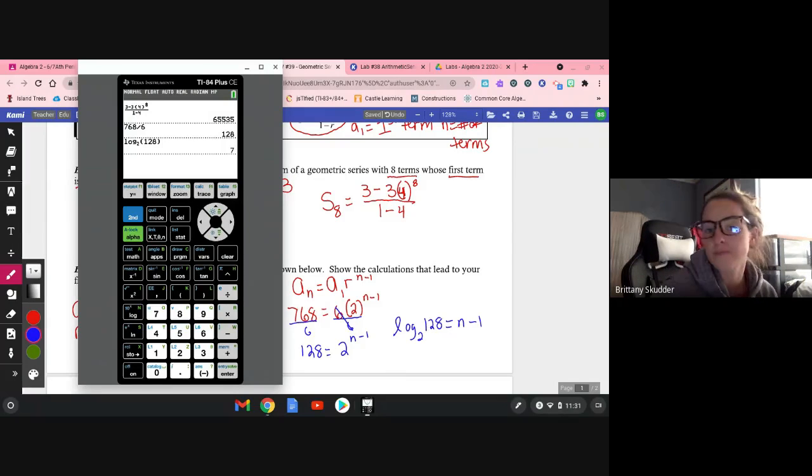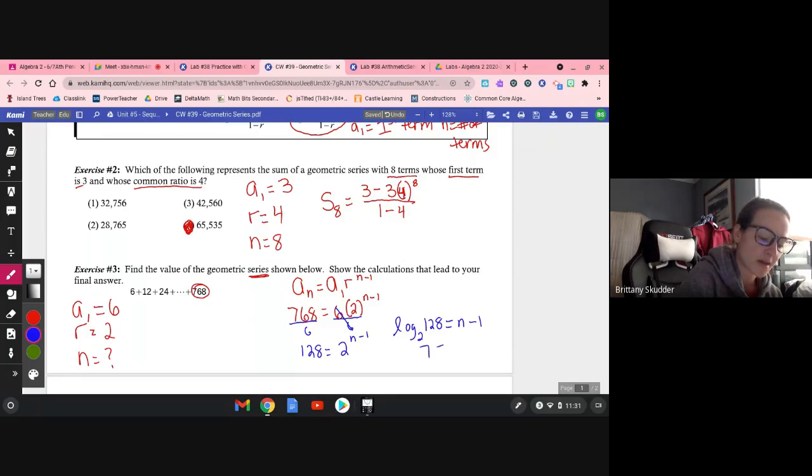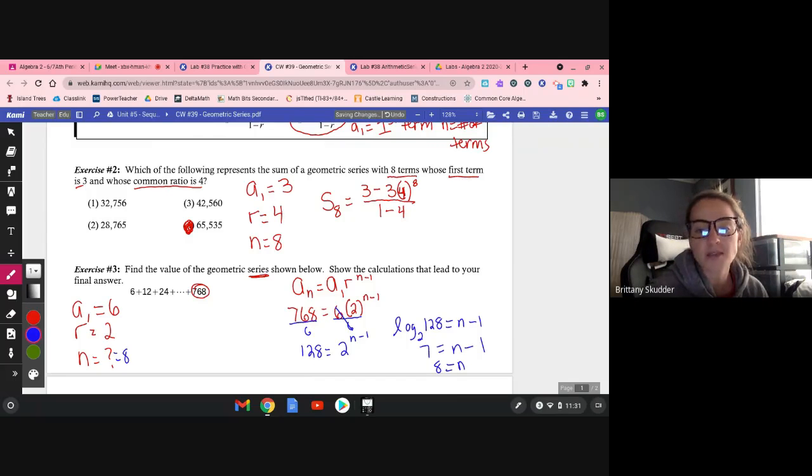Enter. You get 7. So 7 equals n minus 1. When you add 1 to the other side, you will get n is equal to 8. So we found out n is equal to 8.